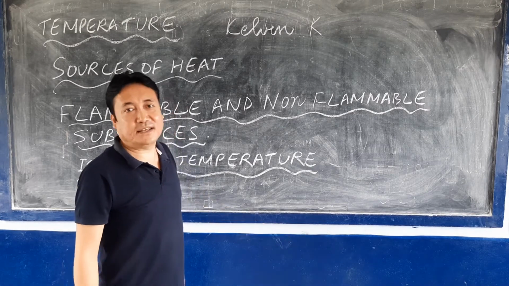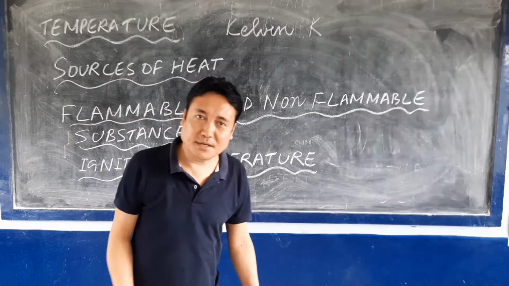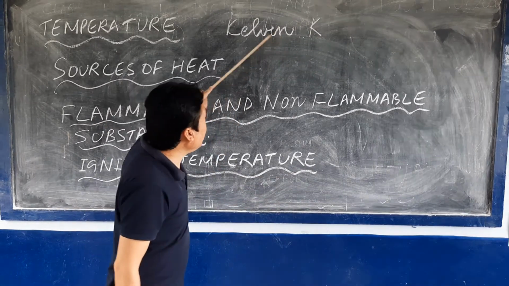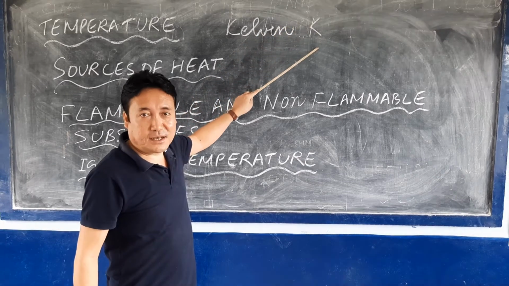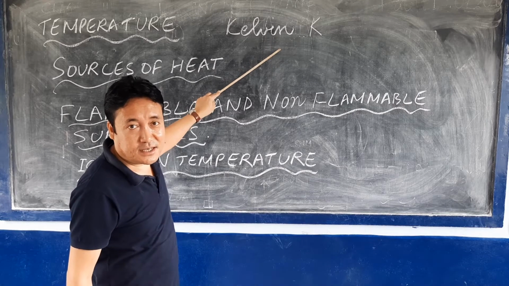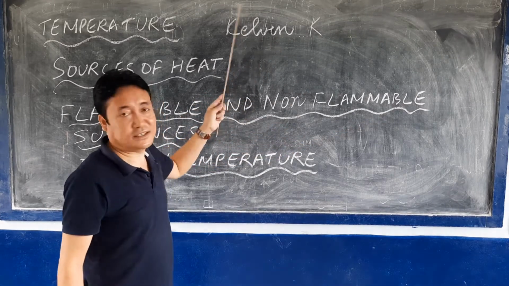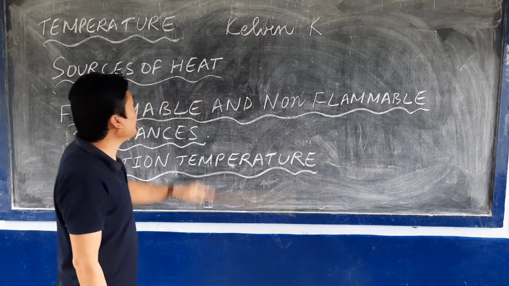There is a reason for it. You cannot write Kelvin in small letter, because the unit of temperature is named after a scientist, Kelvin. So the SI unit of temperature is Kelvin.